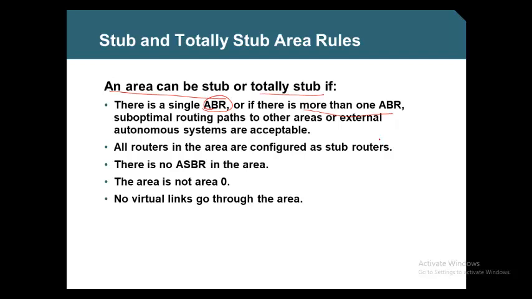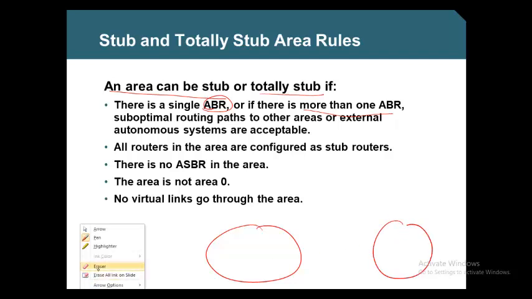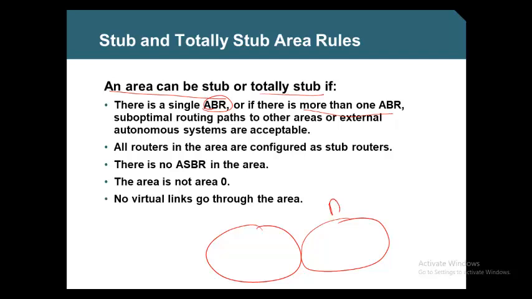So if they have area 0, area 10, and 2 ABRs, this will have less cost to go from A to B or somewhere.